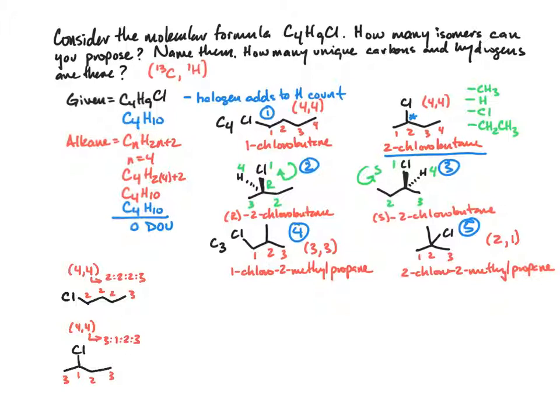So now we could differentiate the 1-chlorobutane from the 2-chlorobutanes based on the proton NMR spectra, and the peaks would integrate differently. So we already know that the C3 chains give 2 different types of sets, 3 and 3 versus 2 and 1, but let's go ahead and determine the ratios anyway.